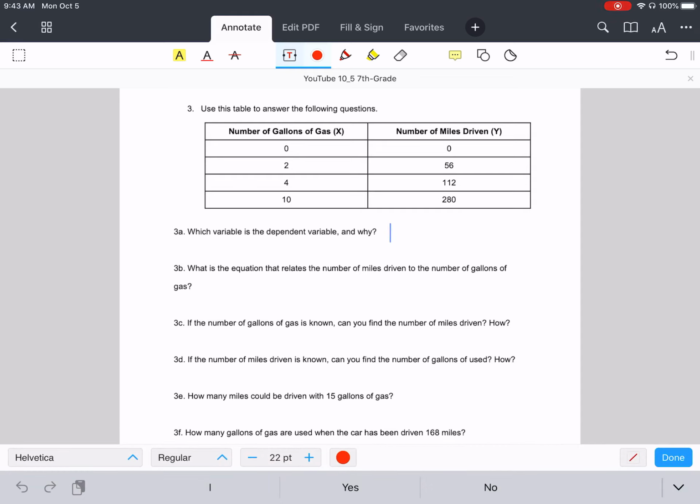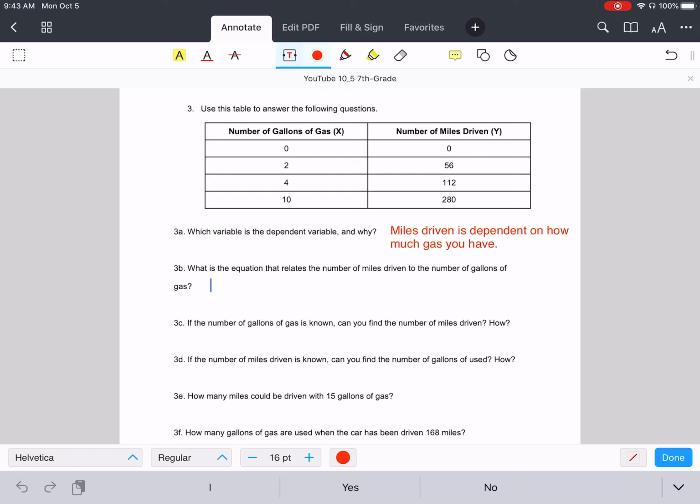This can be answered in a couple different ways, but I would say miles driven is dependent on how much gas you have. And so in this case, the y value is dependent. If I am told the x value, then I can figure out the y value.